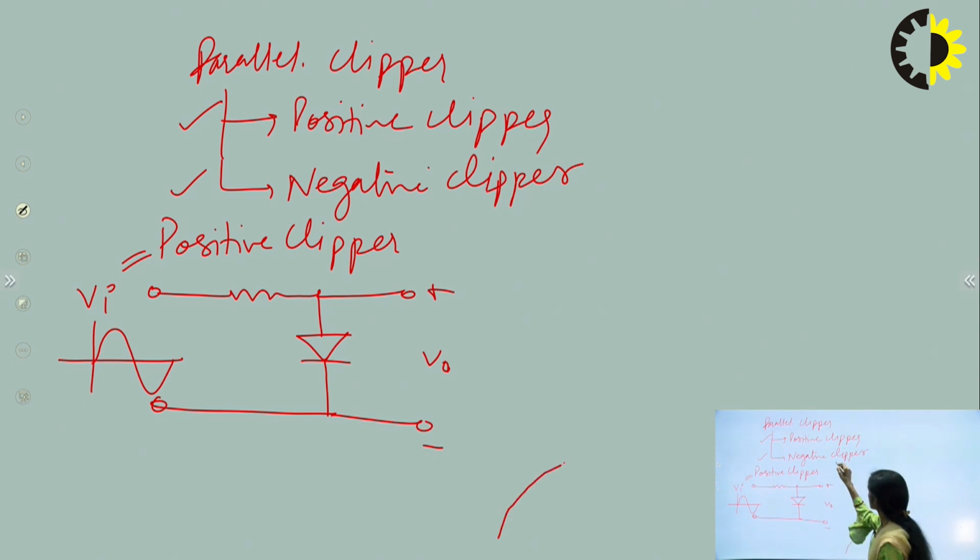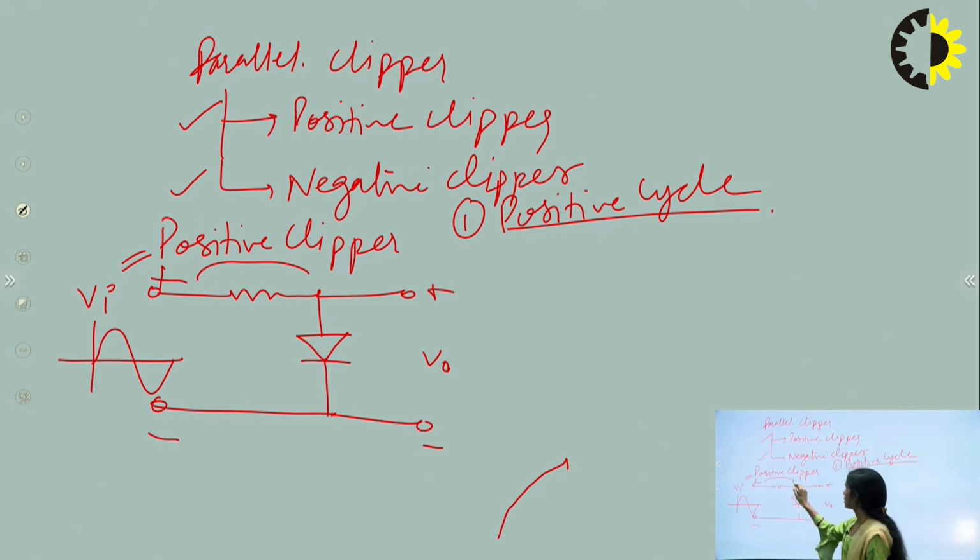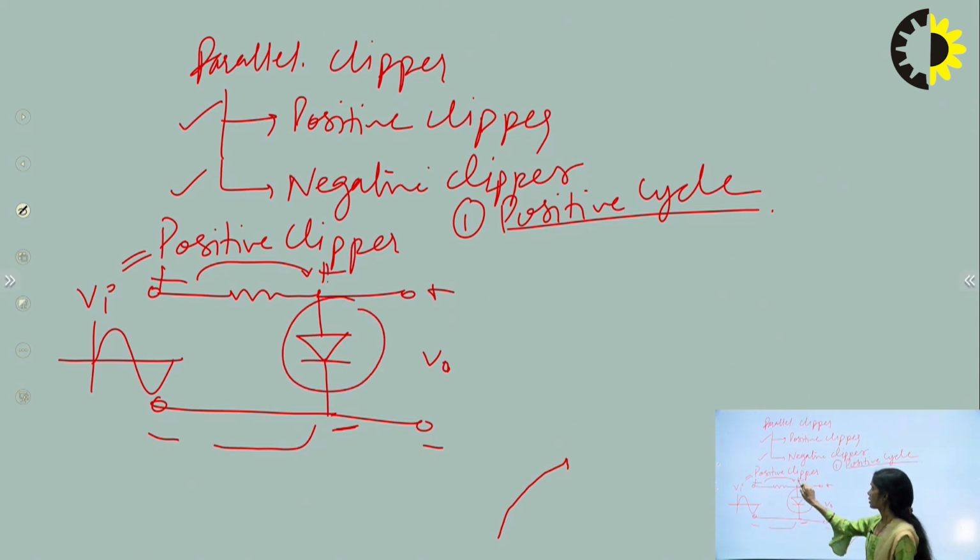For the positive cycle, this end will become positive and this end will become negative. So the positive is connected to the P type of the diode, and this diode is said to be in forward bias condition.